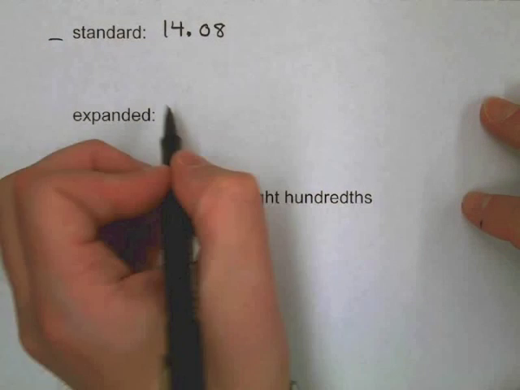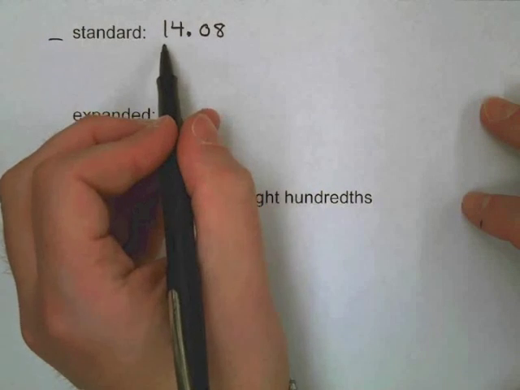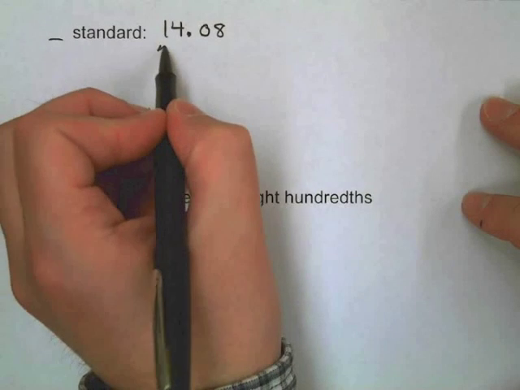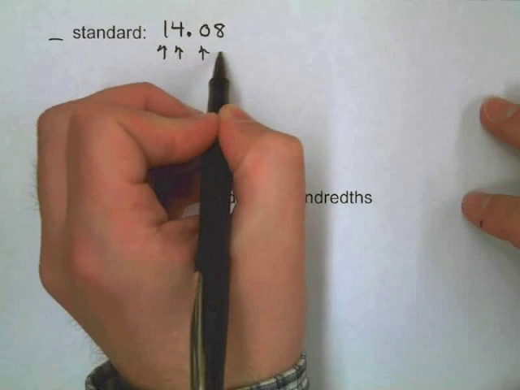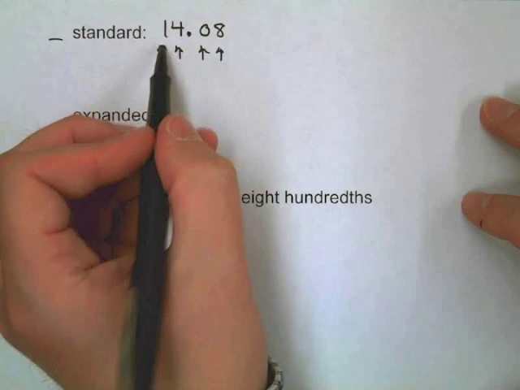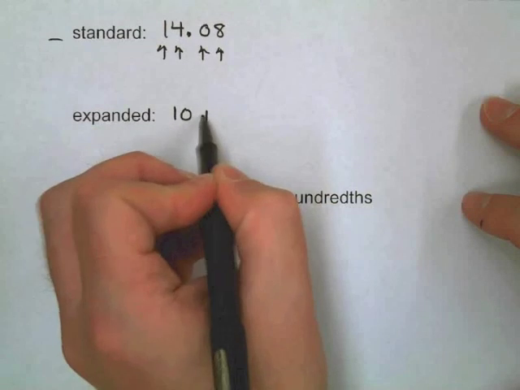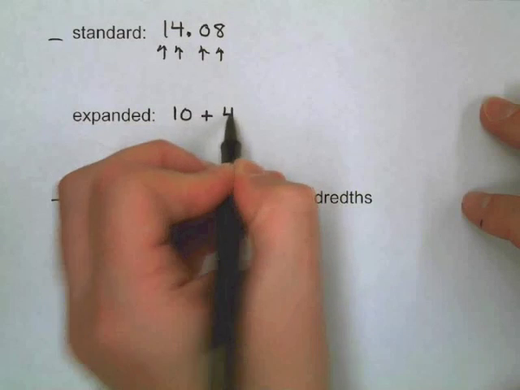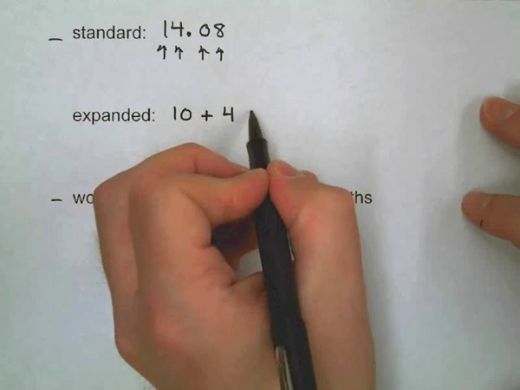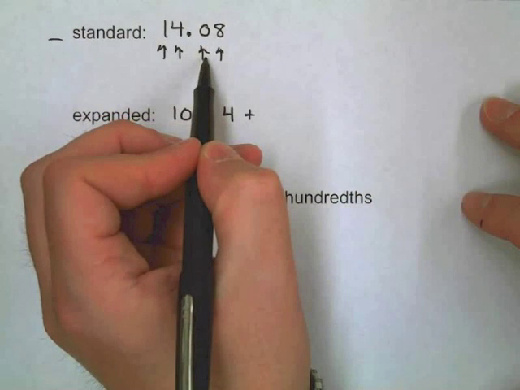So expanded form. Well, I'm going to show each place value. So what's in this place value, in this one, in this one, in this one. Well, in this place value, that's my tens place value, and I have one of those. So I have a 10 plus, I have 4 wholes, plus, well, I have nothing in the tenths place.